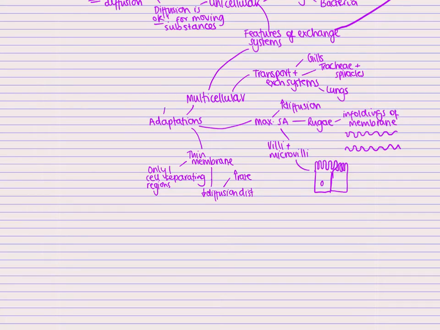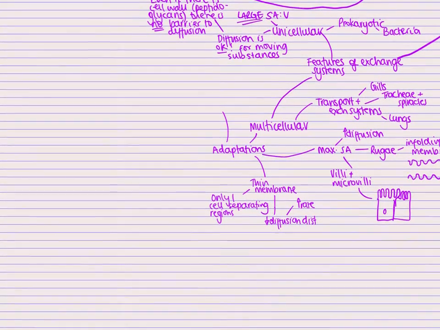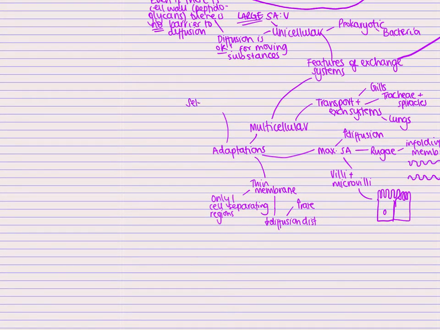As well as this, the membranes are normally selectively permeable. Notice how I'm not writing semi-permeable. Semi-permeable implies that it's half permeable. Selectively permeable means that only certain substances can come through.